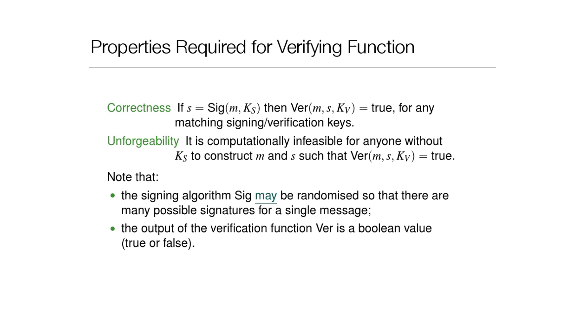That means without having the signing key KS, it is completely impossible to generate a valid signature that will be verified by the corresponding verification key KV. And if the message is altered or changed, or a different message is used, and the verification operation is done, the value should be false.